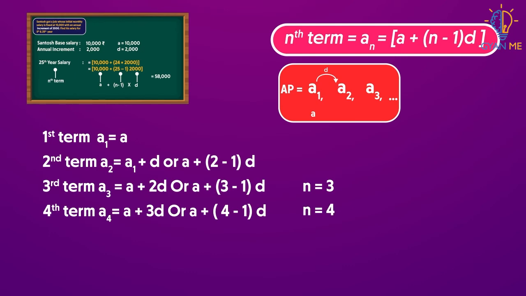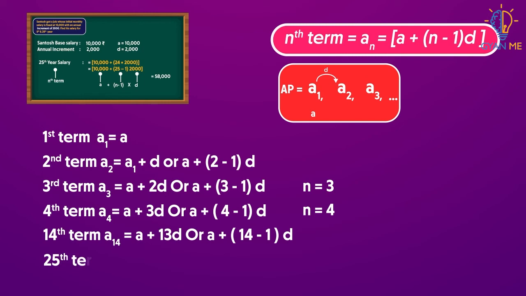Similarly, if we want to write 14th term, what will it be? Correct. It will be A14, which is equal to A plus 13D, or A plus 14 minus 1 times D. And what about 25th term?